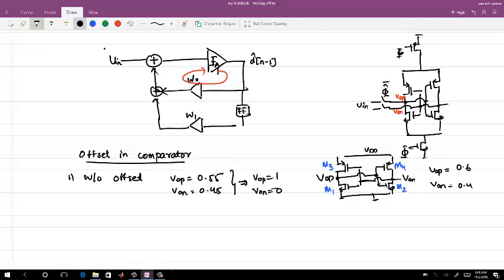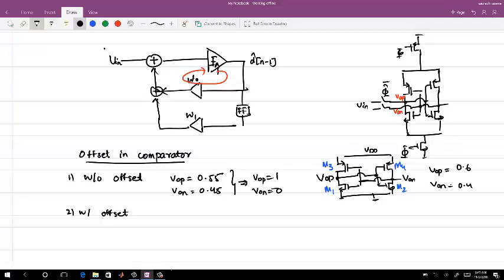This is without offset. What an offset means is that, let's say M1 has a threshold voltage, for example, 100 millivolts higher than the threshold voltage of M2. So if the left pair is slower, you can say it needs an extra 100 millivolts to resolve something.